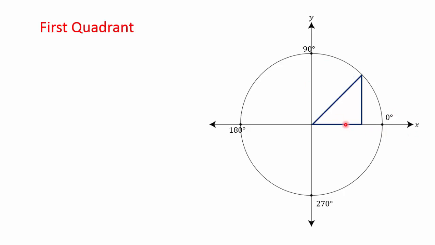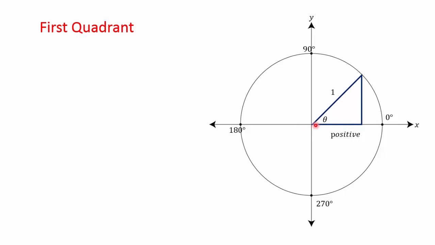So if I put any triangle in the first quadrant, there's my angle theta. And my radius is 1 because I'm using the unit circle. So from here to here, that's the radius, and that is 1.